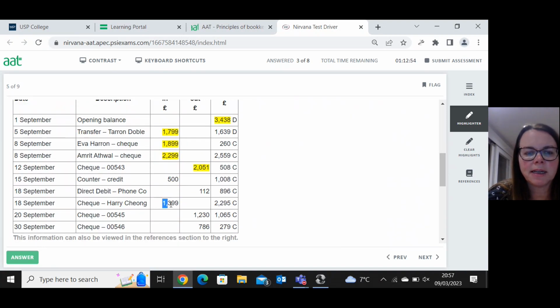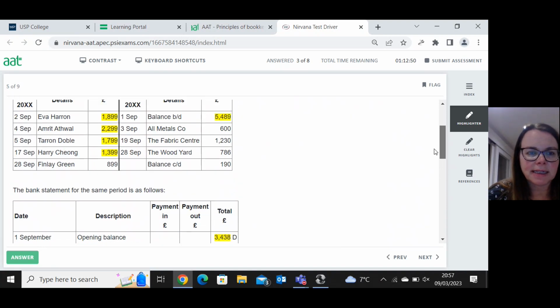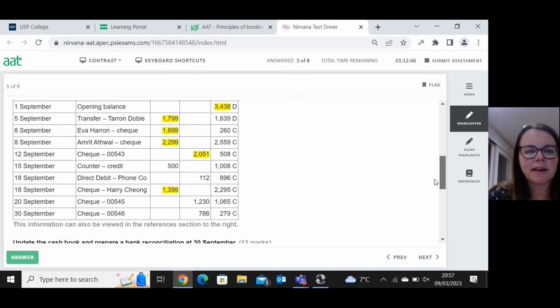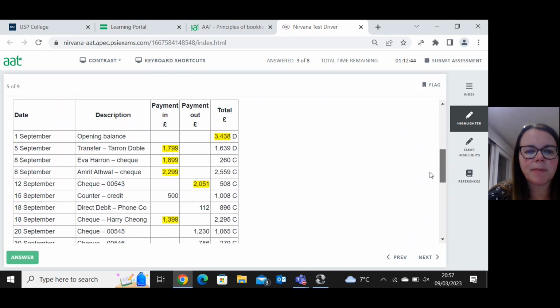We're just highlighting like this. Right, so that's that side done. So we've got one thing unticked in the cash book and one payment in unticked on the bank statement.